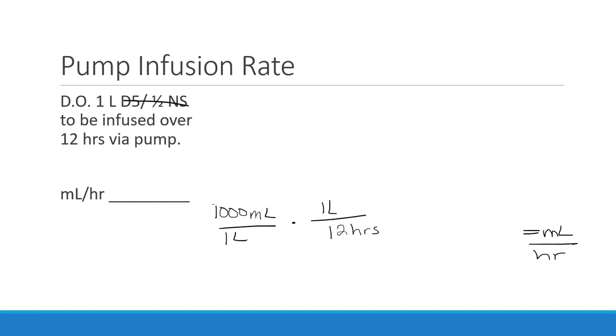Do I have the variables I need? After crossing out liters, I've got mL, I've got hours. These two have their date to the dance, and these two are matching the man in the mirror. mL over hour. Do I need to do anything else with my variables?